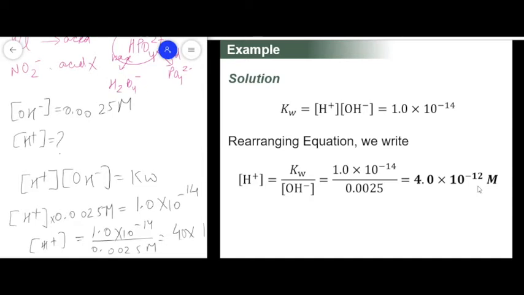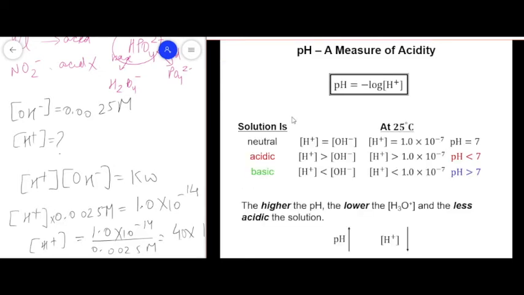So essentially, if we know one of these concentrations, we can easily figure out the concentration of the other. If we know proton or the hydroxide ion concentration, one of them, we can easily figure out the other because Kw is always going to be a constant term.